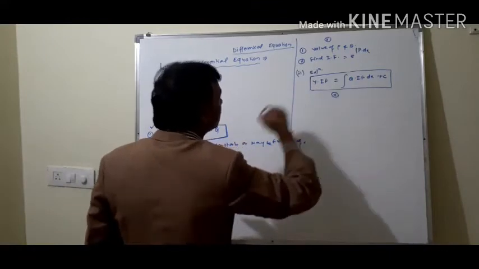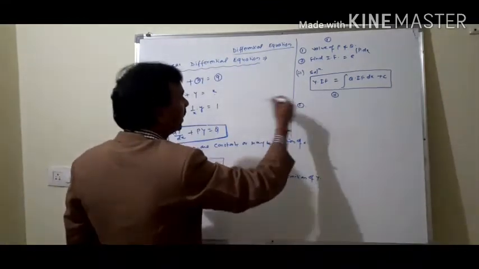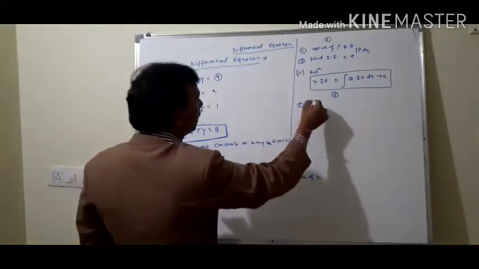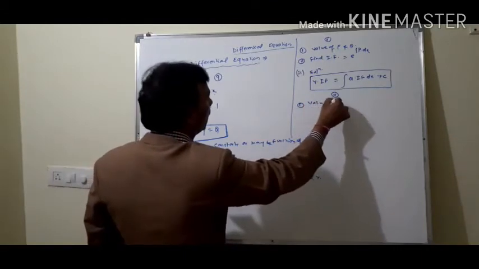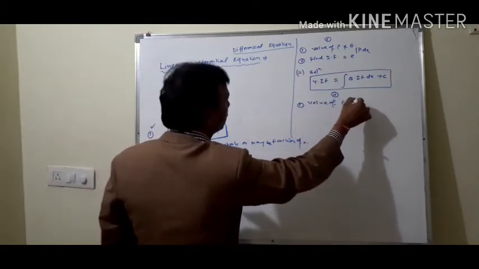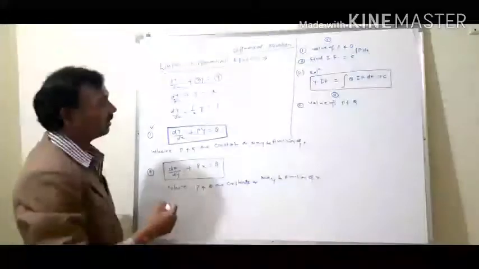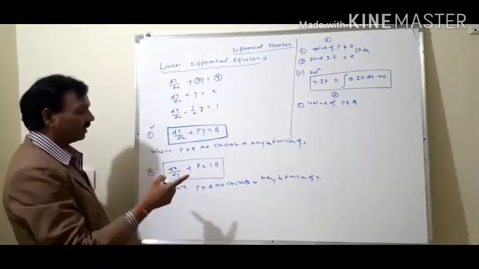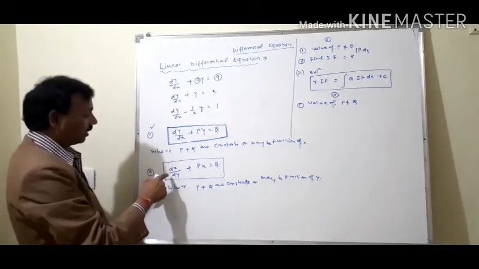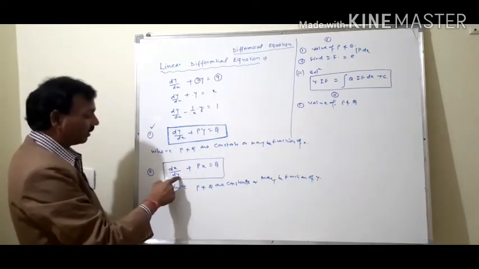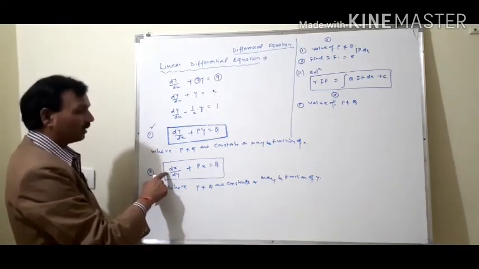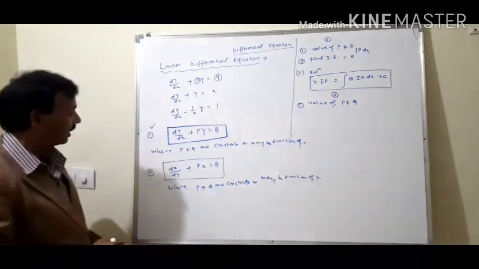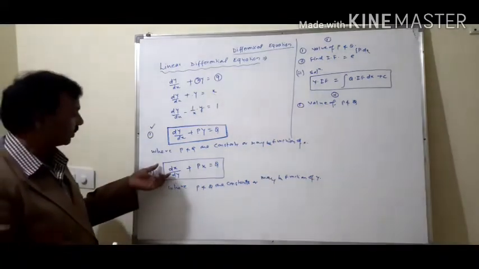In the second case, our first step is to find the values of P and Q. First compare the equation with the standard form. If the coefficient of dx upon dy is other than 1, divide the whole equation by that coefficient.